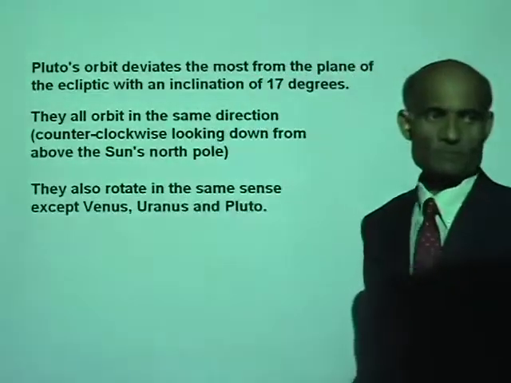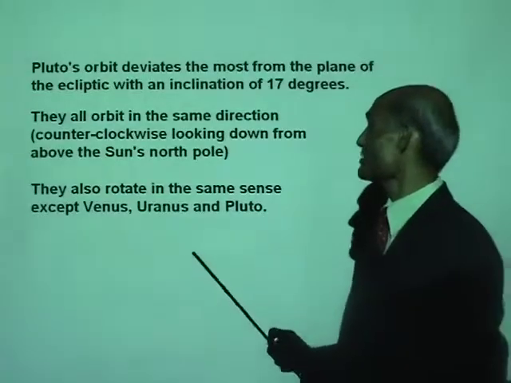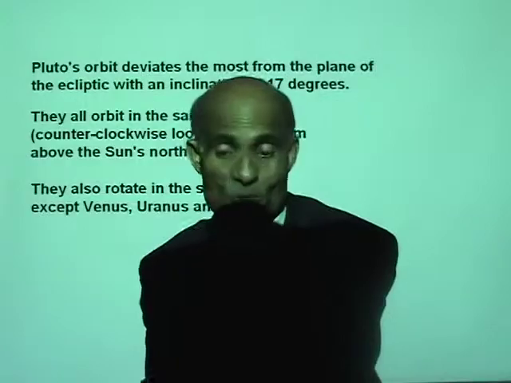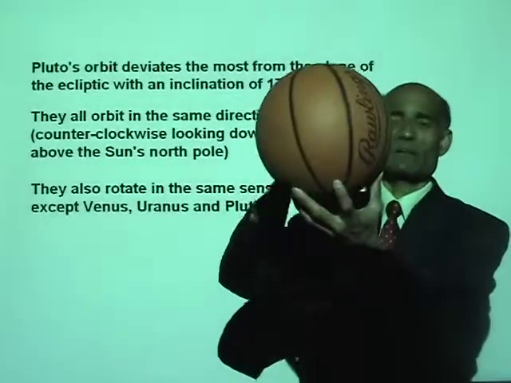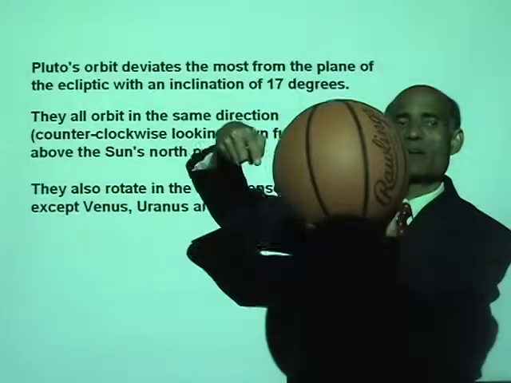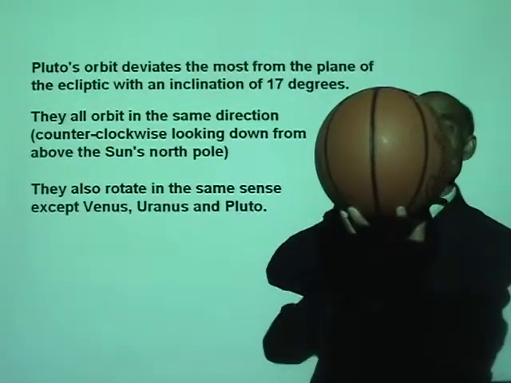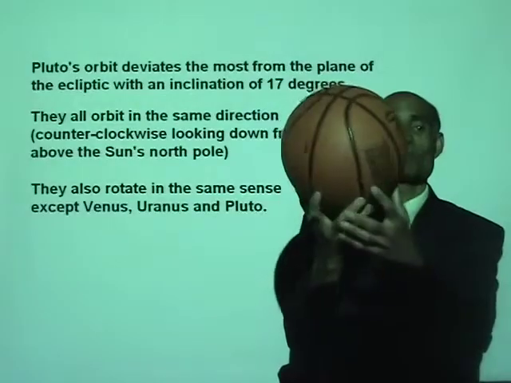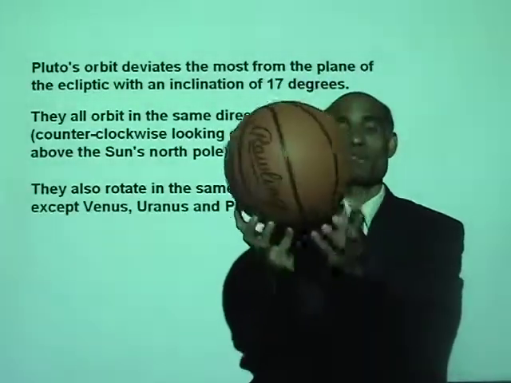They also rotate in the same sense, except Venus, Uranus and Pluto. Now, what does that mean? You see, this is the Sun. All planets revolve around it in the counterclockwise direction, and along with their going around the Sun, they also rotate, and the rotation is also counterclockwise. That's what it means.